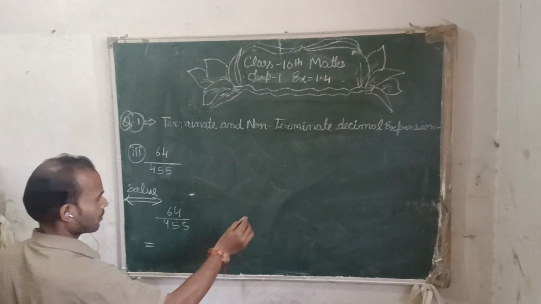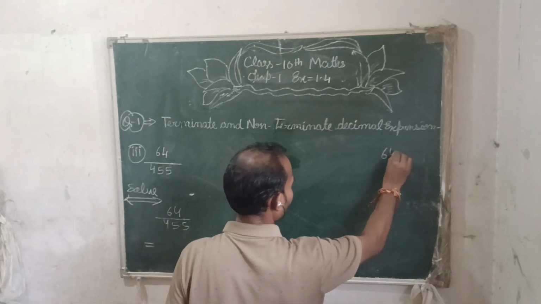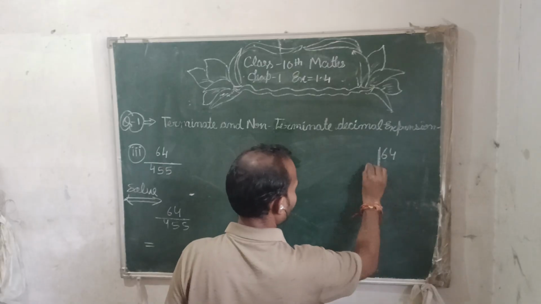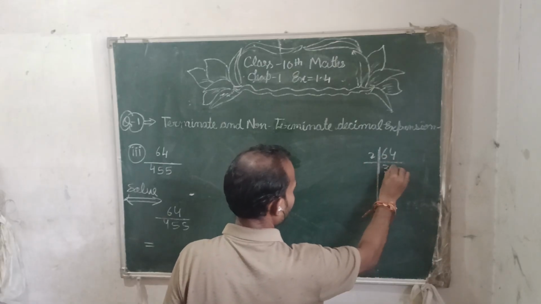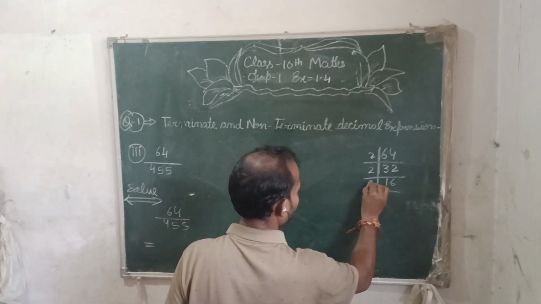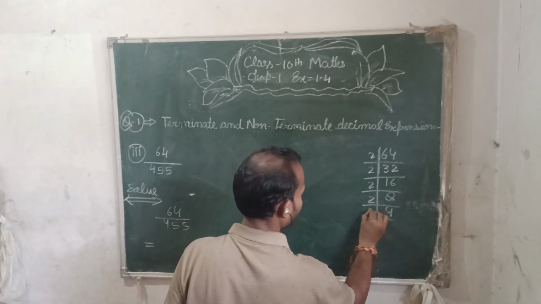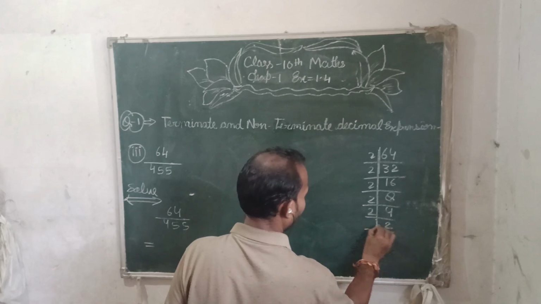For 64, the LCM process: 2 threes are 6, 2 twos are 4, 2 ones are 2; 64, 32, 16, 8, 4, 2, 1.